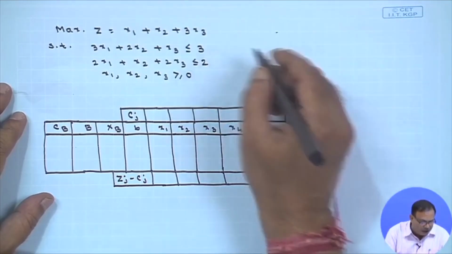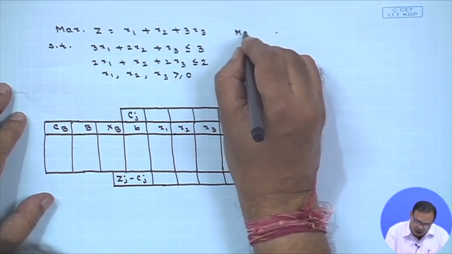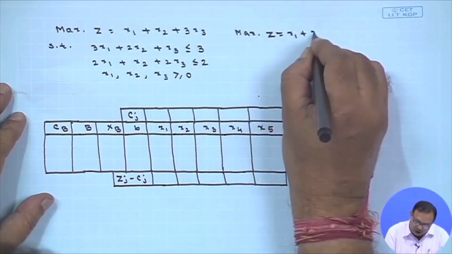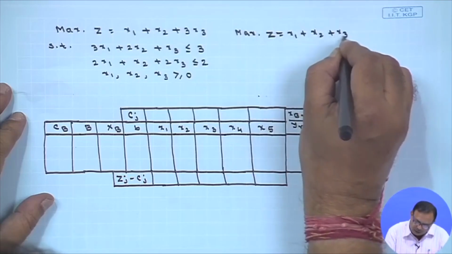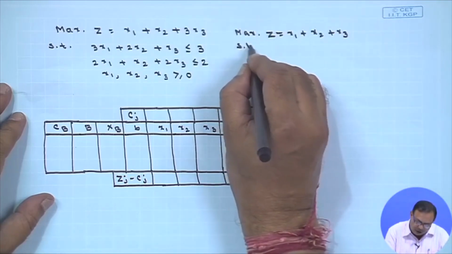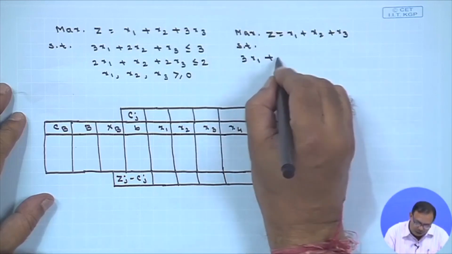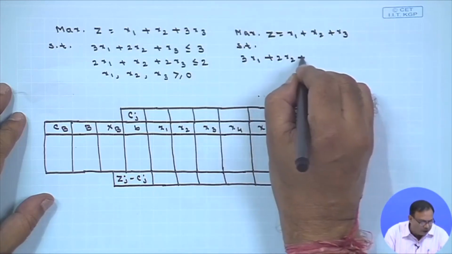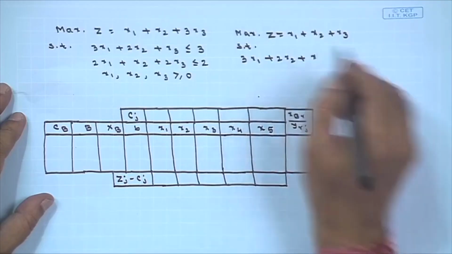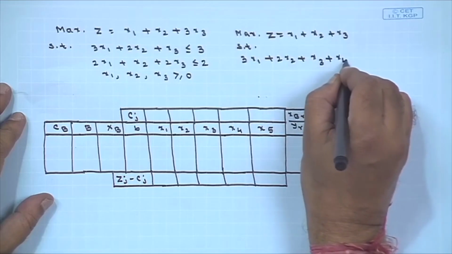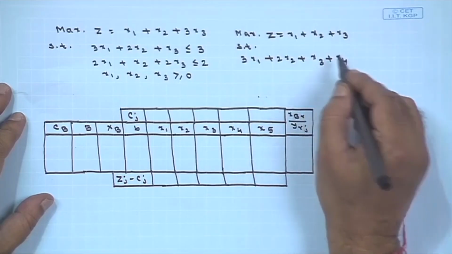So, if I write it in standard form, I can write it as maximize z equals x1 plus x2 plus 3x3, subject to 3x1 plus 2x2 plus x3 plus x4 equals 3, where x4 is the slack variable.